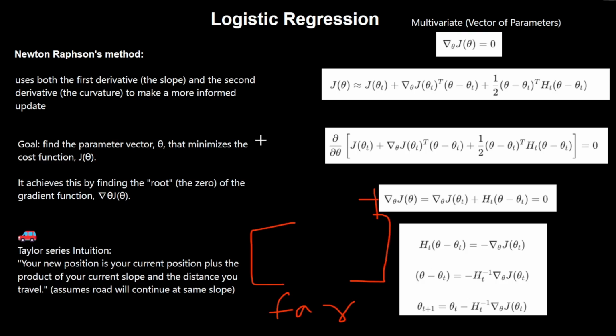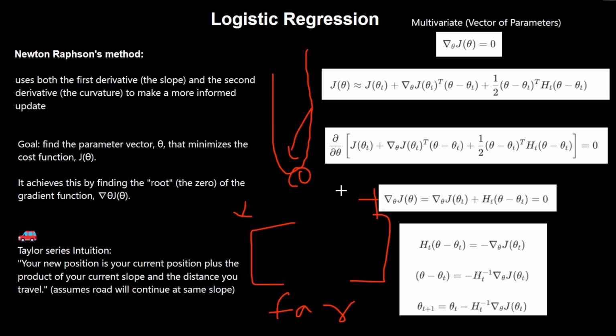If the curvature is high, meaning the curve is very steep and we have a narrow valley, the inverse of the Hessian matrix will be small, so the step we take will be small.